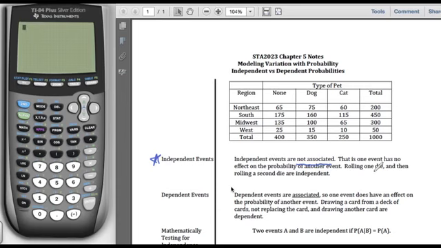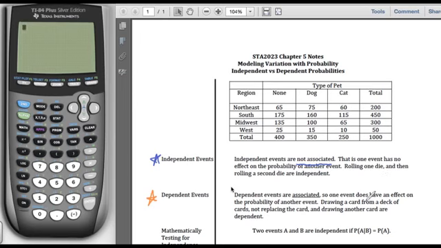Rolling one die and then rolling a second die are independent because what you get on the first roll has no effect on what you get on the second roll. Those would be independent. On the other hand, dependent events we'll say are associated. So one event does have an effect on the probability of another event.